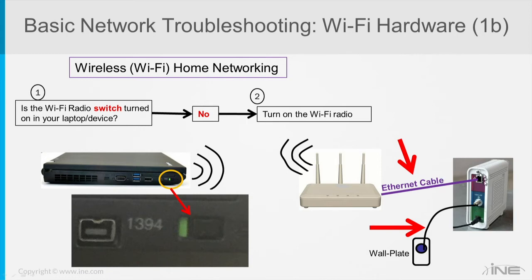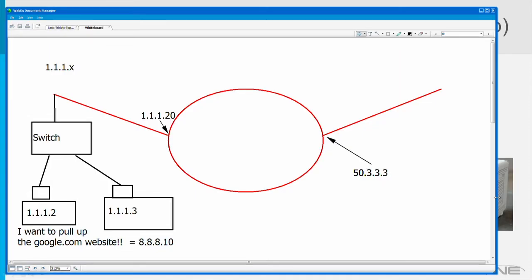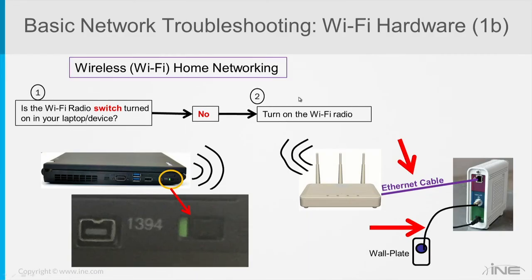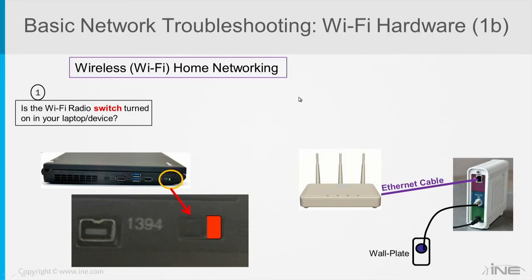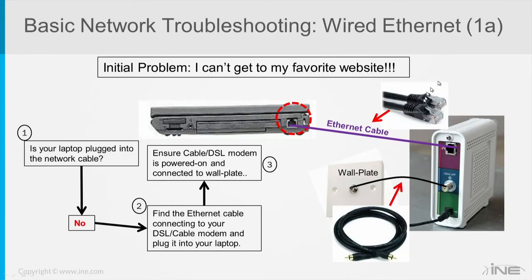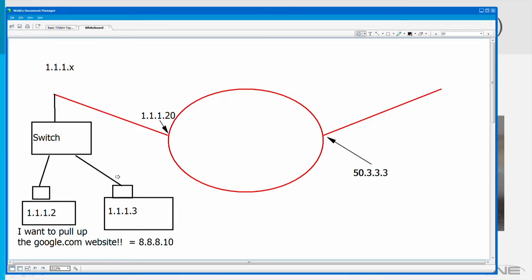But the reason we don't call it a switch is because with a switch, all these cables would be of the same type, right? For example, if this is an Ethernet cable, the next one would be Ethernet, and the next one would be Ethernet. That's why we call them Ethernet switches, because everything connecting to it has a cable that looks like this. All the interfaces on that switch look like this form. And so as it's passing electricity through it, it's not changing that electricity in any type.